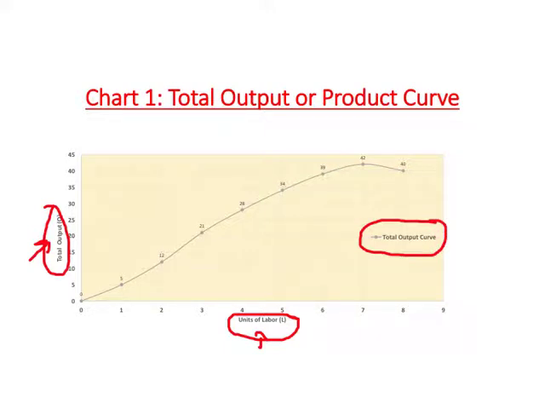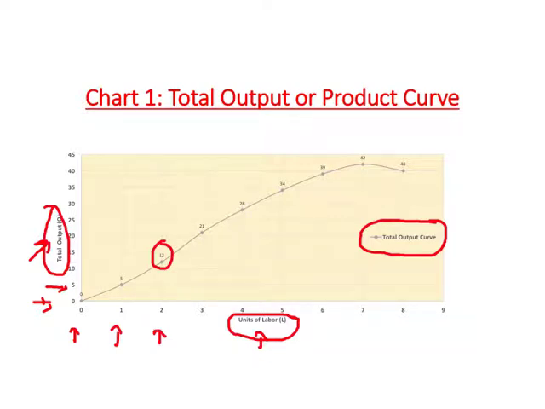And it's very easy to read this. When the firm or the farmer employs no workers, no output is produced. When the farmer employs 1 worker, 5 units of output is produced. When the farmer employs 2 workers, 12 units of output is produced. And this is how we would read the points on the total output curve.